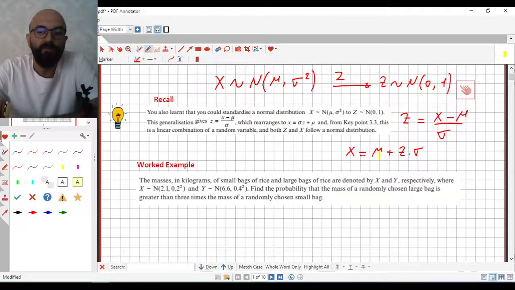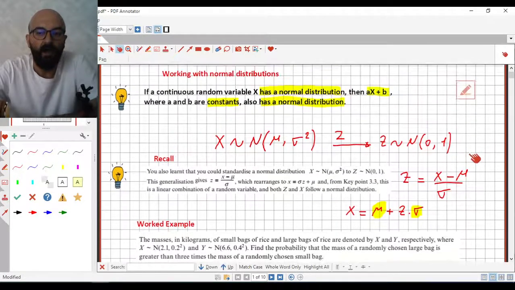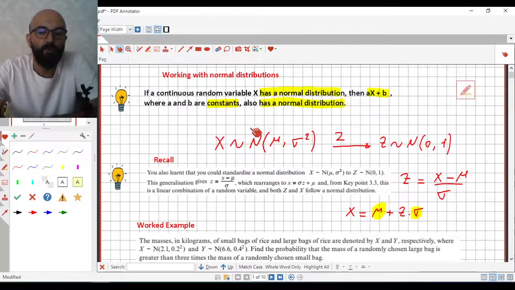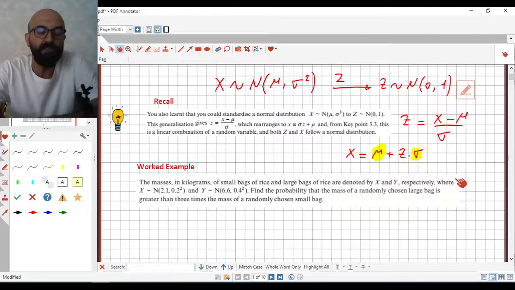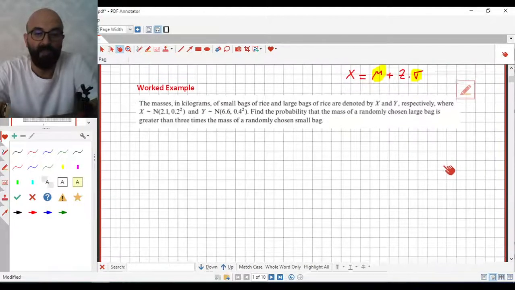As you remember, mu and the standard deviation are constants. So this is a linear combination of a random variable, and both z and x follow a normal distribution. So we can use the normal distribution when we come across a linear combination.